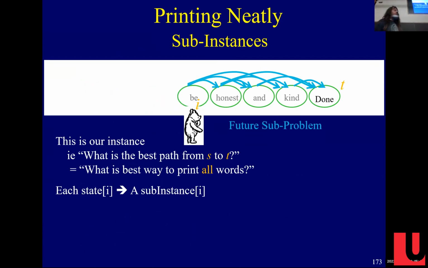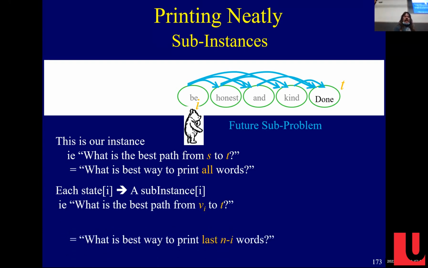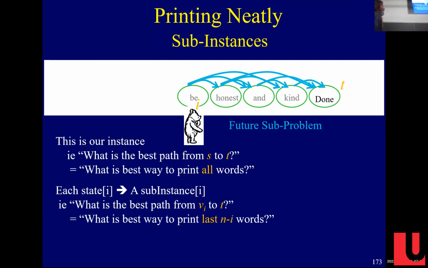All right, so from here, we can talk about the future problem and the past problem. The future problem is what's the best path from where I am, v_i, to T, right? And that, of course, relates to how do I best print the last n minus i words, right?